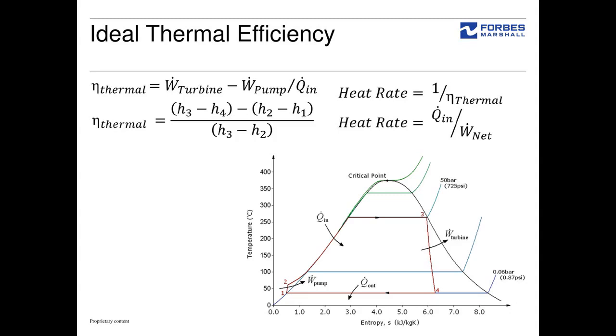Heat rate is the heat input given for each unit of net work output. Imagine you are using a power plant: how much heat you need to add for generating 1 megawatt indicates the efficiency of your process. So overall thermal efficiency depends on this whole process.